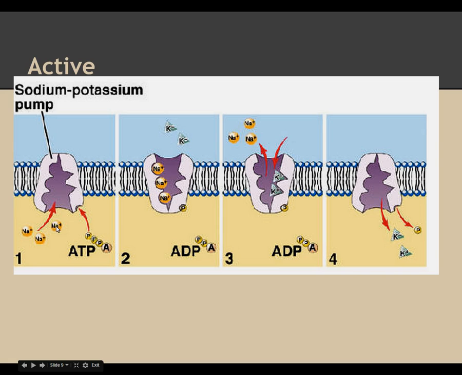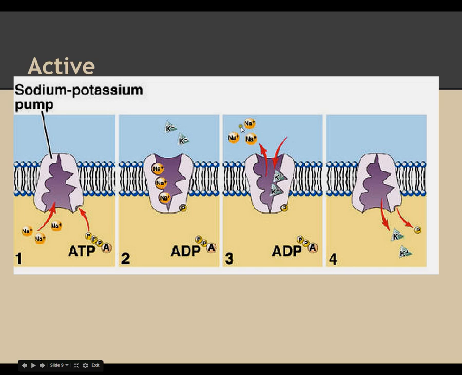In this case, you have your transport protein here, and even though the sodium molecules come in here and they're charged, so they're not going to cross the membrane on their own, the sodium molecules are going to attach to this side, but that isn't going to cause the protein to change shape. You actually have to add this phosphate group from an ATP. You get ADP out of the reaction, and the phosphate causes the transport protein to change shape.